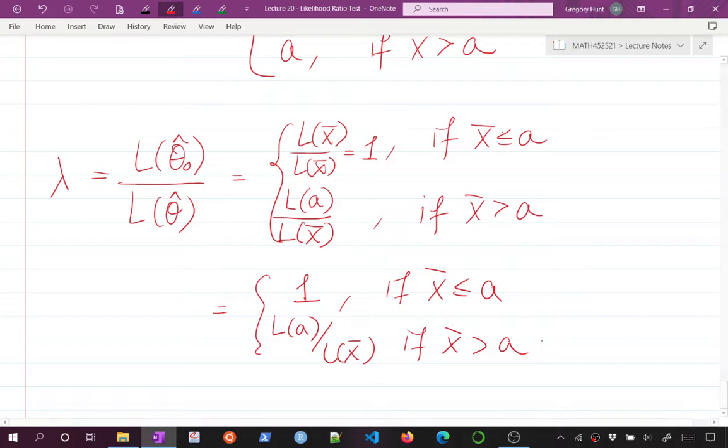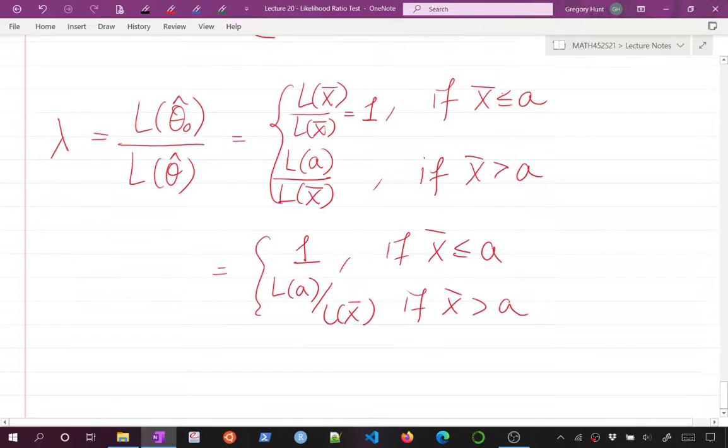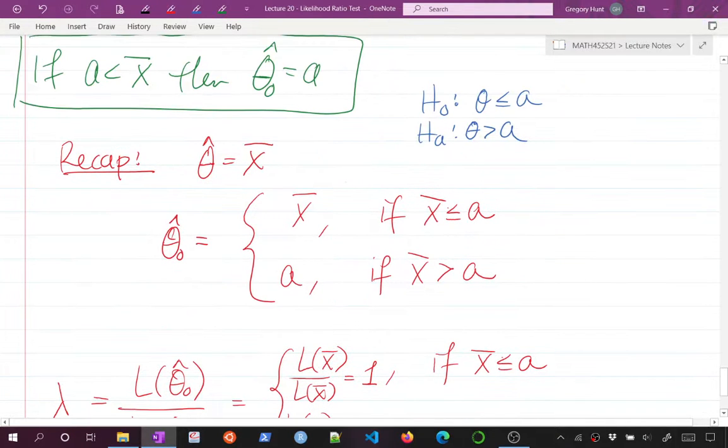So notice that if we go back up to our test, we wanted to test a null, which is that theta, our mean, is less than A versus the alternative theta is bigger than A, right?